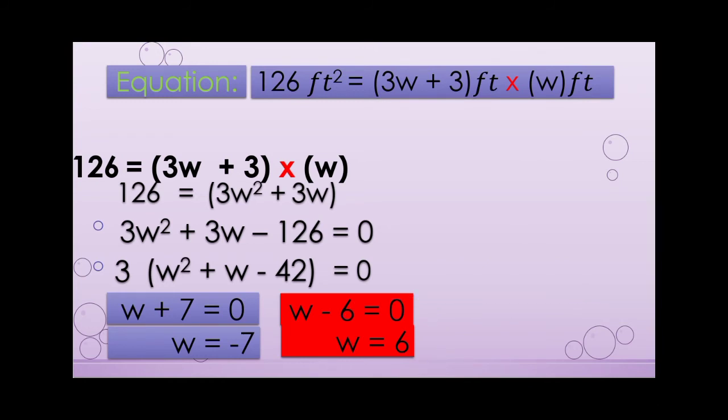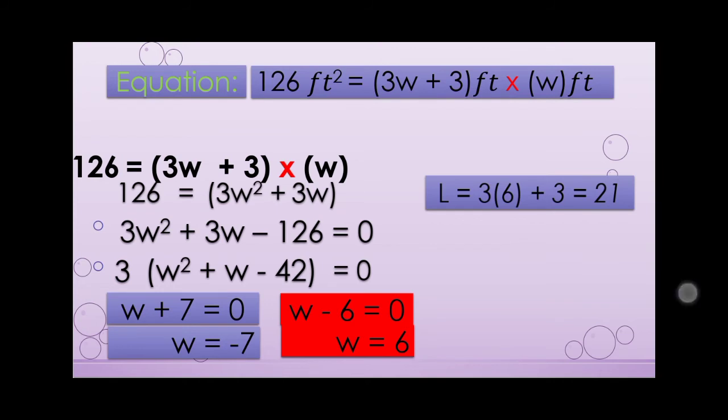Okay. So, kung ang width is 6, ano ngayon ang length? So, let us replace W by 6. So, 3 multiplied by 6 plus 3 is equal to 21. So, 21 now is the length of the tarpaulin. And, syempre, the width is 6.